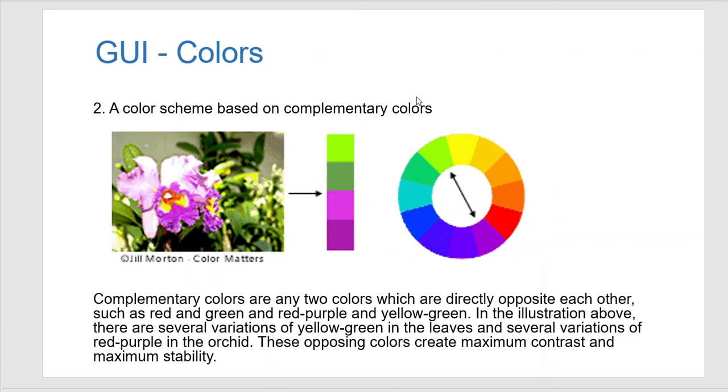And then it could be complementary colors. If you have this color circle, they are colors from the opposite sides of it. That's especially useful when you would like to get some kind of contrast effect for your user.